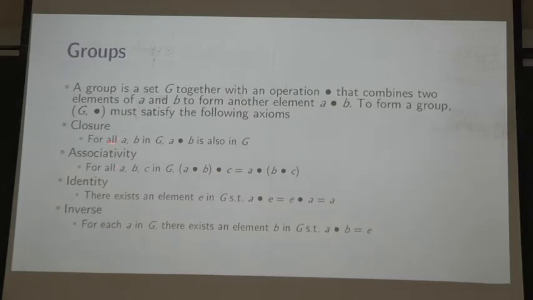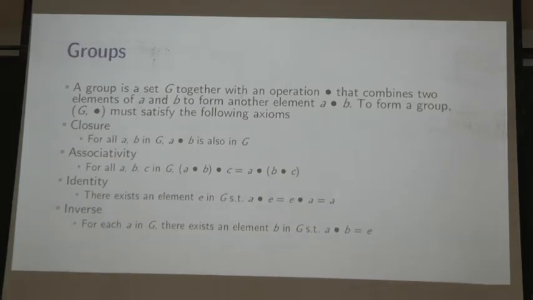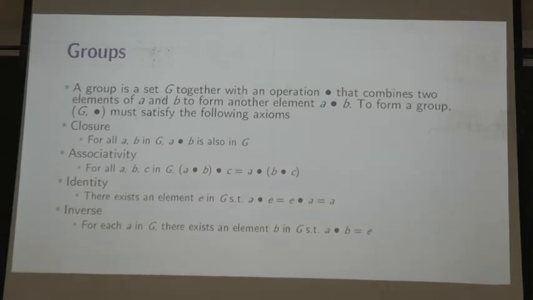For all A, B in the group, for all elements in that set, in our example integers, A dot B, the addition of them, the group operator of them, must also be in G. If it goes outside of G, then it's not a group. Is that okay? So this is called the closure property. If I apply this operator to any elements of the group, the resulting answer will also be a member of that set.